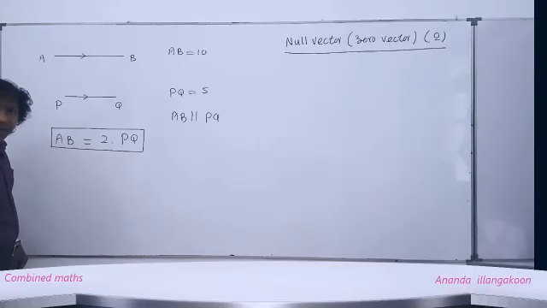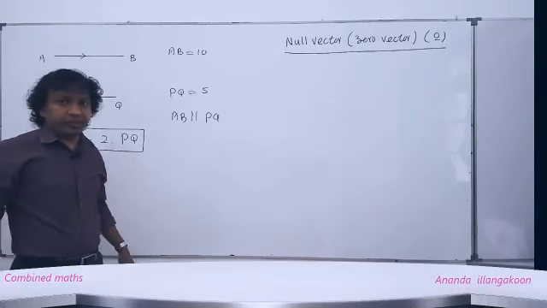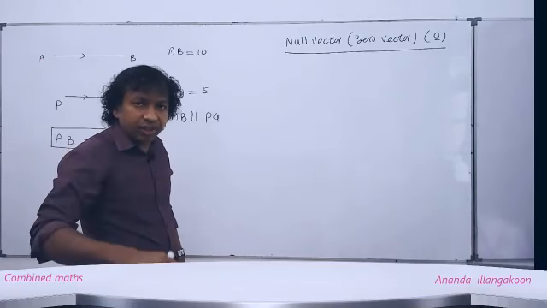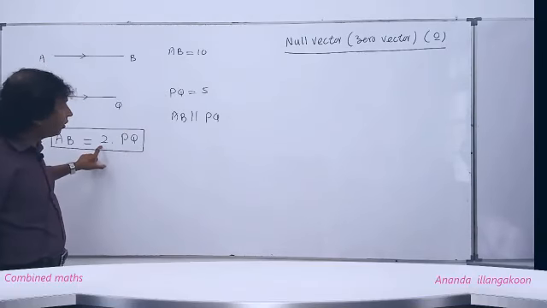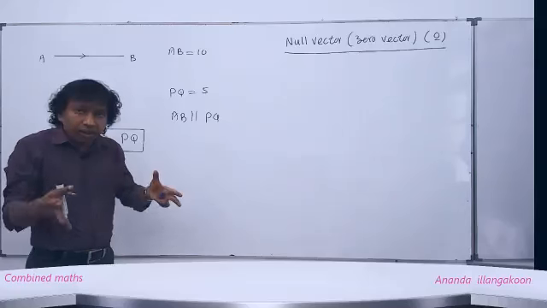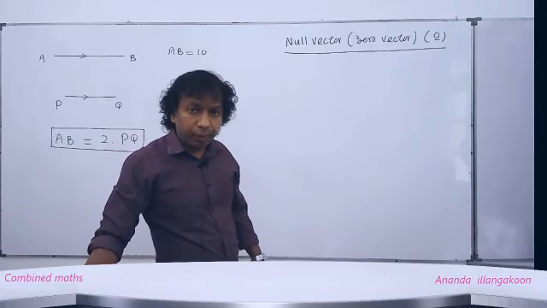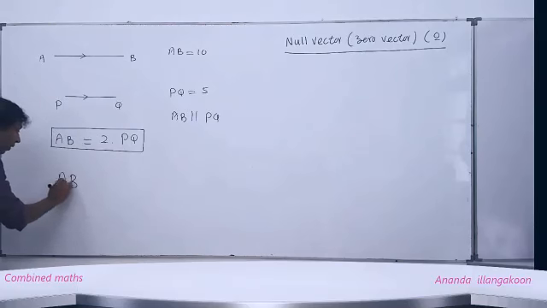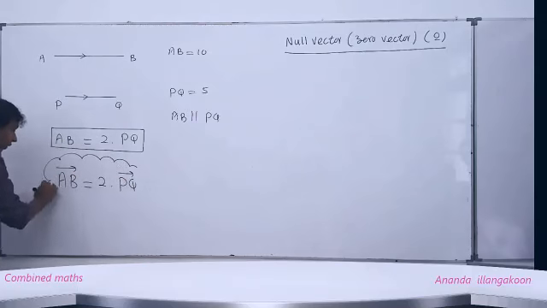The left-hand side length and right-hand side length are equal. The other two qualities, parallel nature and same directed direction, are already available in the diagram. Then all three requirements for two equal vectors are satisfied. So if I write AB is equal to 2 times PQ, do you agree with me?